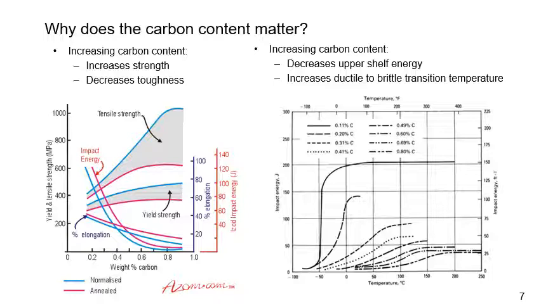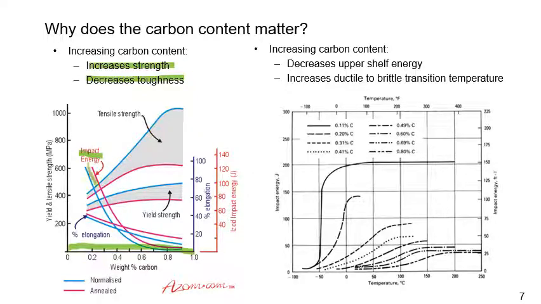Well, carbon has important effects on the mechanical properties. It increases the strength, as we have seen, and it can decrease the toughness, and it can also decrease the weldability.